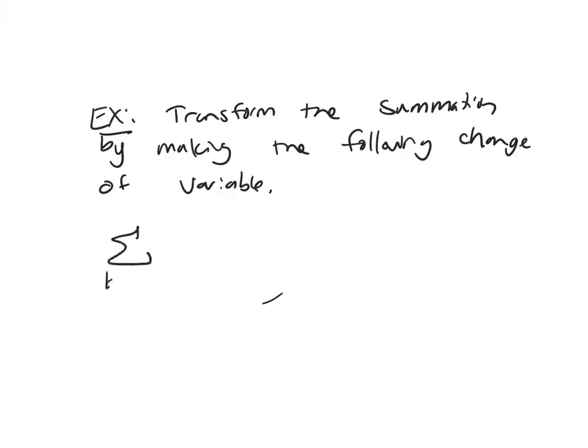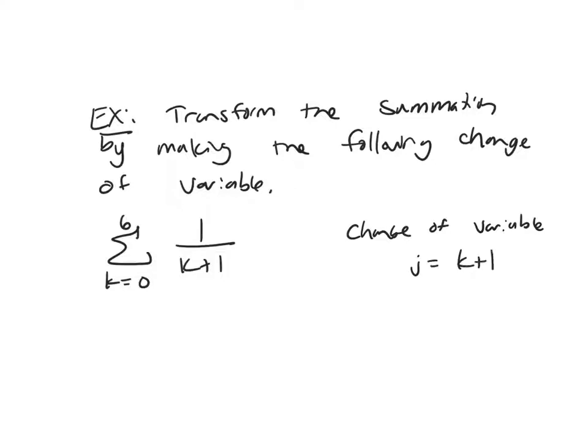So the summation will be k equals 0 to 6, 1 over k plus 1. And the change of variable I want you to make will be, I want you to use j in place of k plus 1.